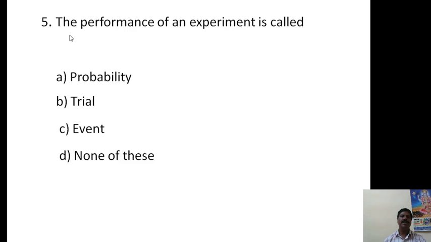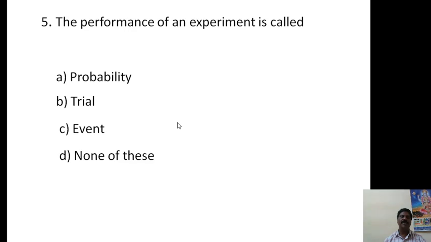Then fifth question: the performance of an experiment is called. Option A is probability, B is trial, C is event, D is none of these. I will give 10 seconds for you people.